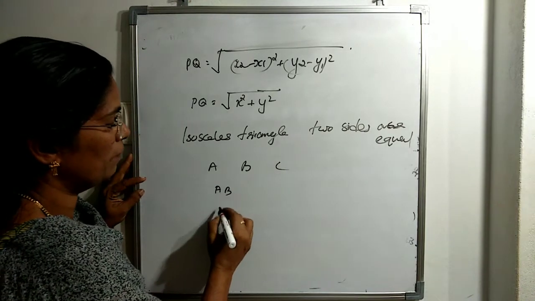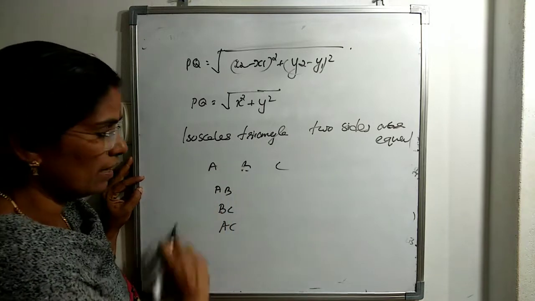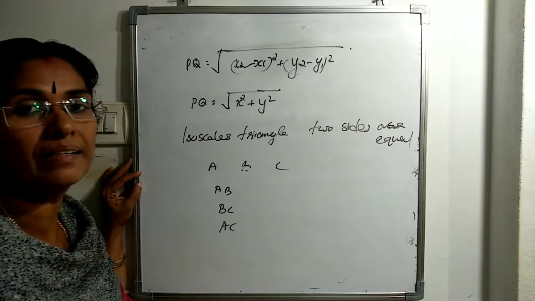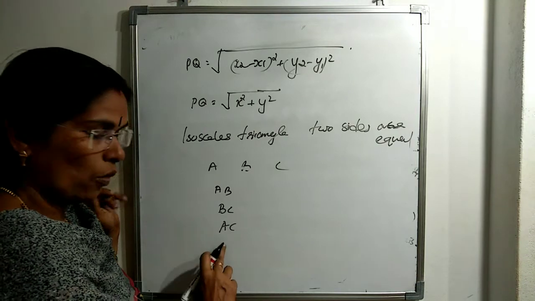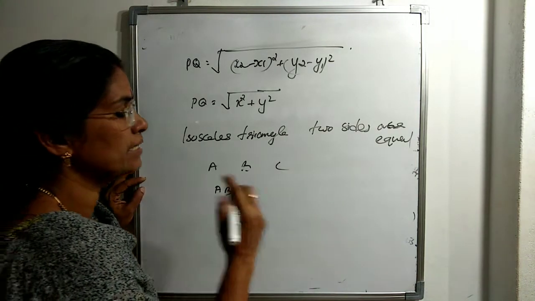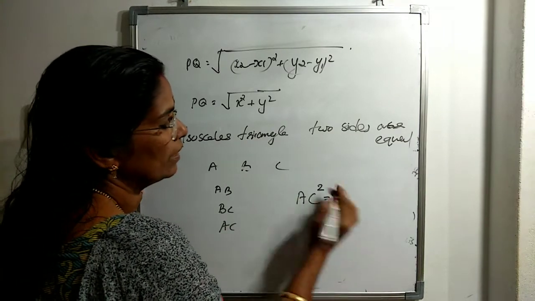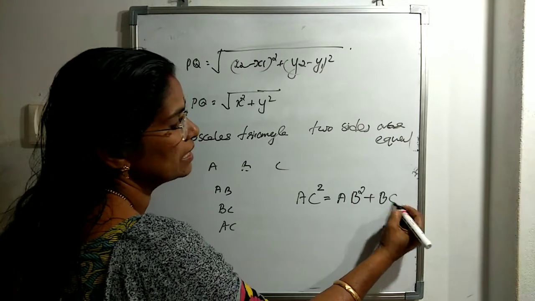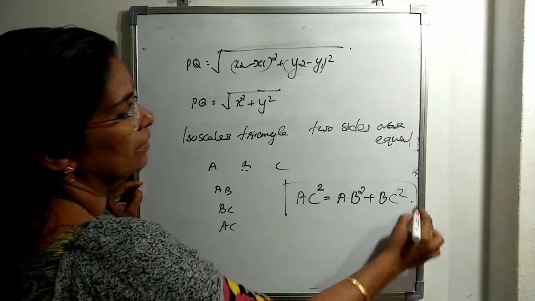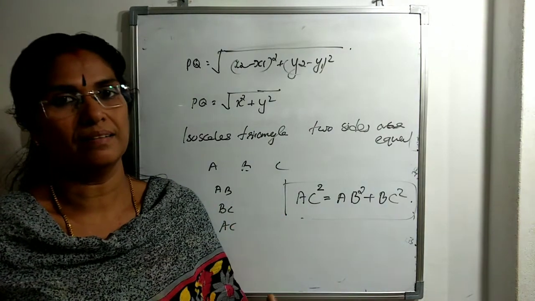First we find AB, BC and AC, and first we show that a triangle is formed. How can we say it is a right angle triangle or not? Here we have to find the longest side. Suppose the longest side is AC. Then AC square is equal to AB square plus BC square. Then we can say the given triangle is a right angle triangle.